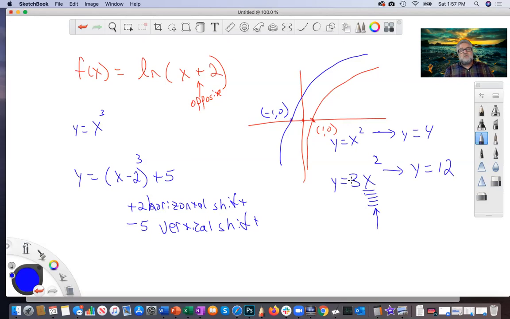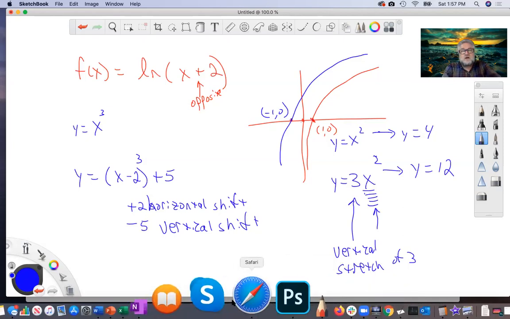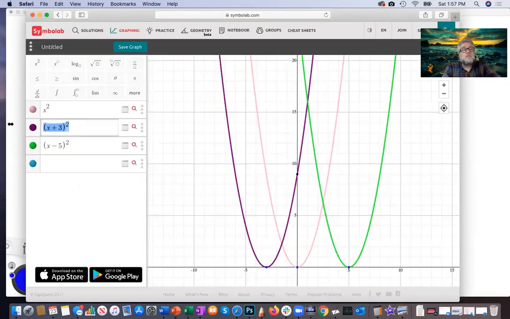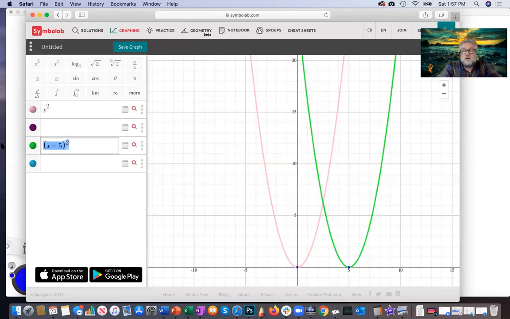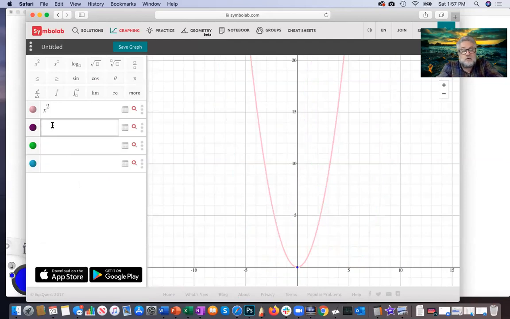So when I put a coefficient out front, this becomes a vertical stretch. A vertical stretch of 3. Or it's going to get 3 times bigger, 3 times taller. So it's going to stretch the curve straight up. And we can see that when I put 3x squared.